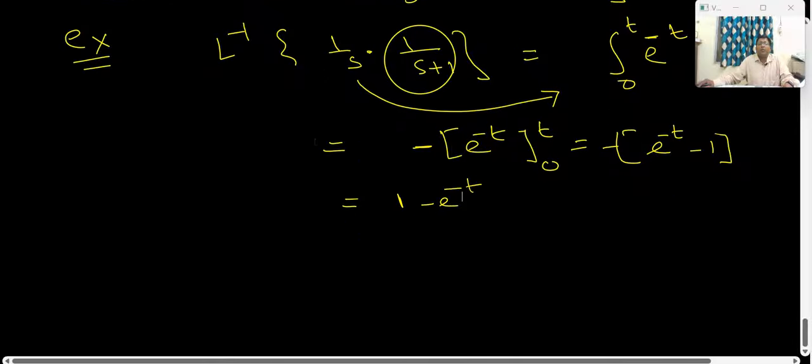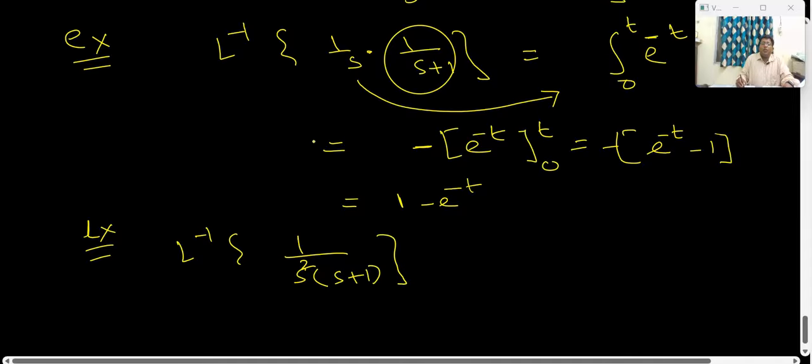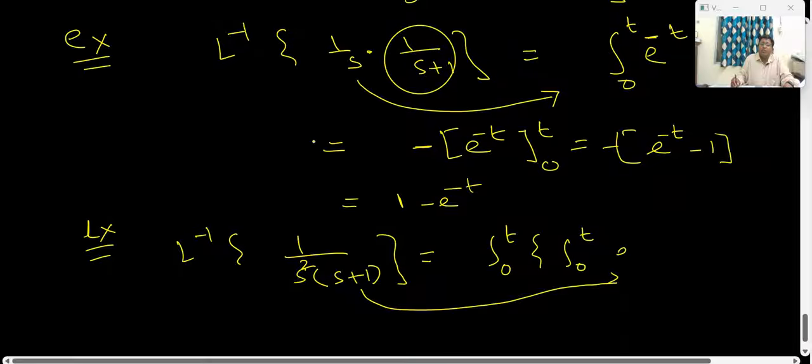Coming to one more example, what is the L inverse of 1 by s into s square into s plus 1, right? Suppose it is asked, it means you need to integrate twice. For one s, as you did earlier, integral 0 to t. Again for another s, it is integral 0 to t, and the inverse Laplace transform here is e to the power minus t, okay?